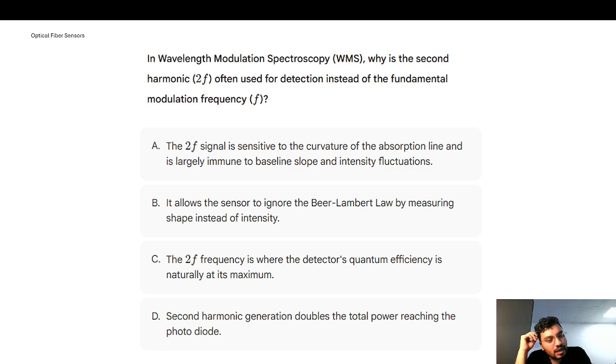Second option: it allows the sensor to ignore the Beer-Lambert law by measuring shape instead of intensity. Third option: the 2f frequency is where the detector's quantum efficiency is naturally at its maximum. And the last option: second harmonic generation doubles the total power reaching the photodiode.